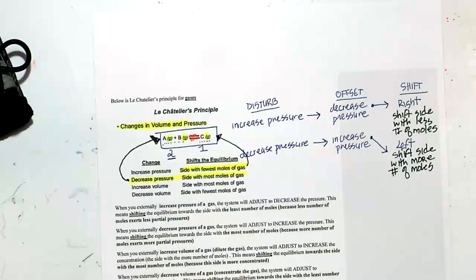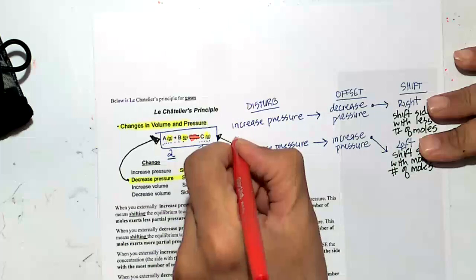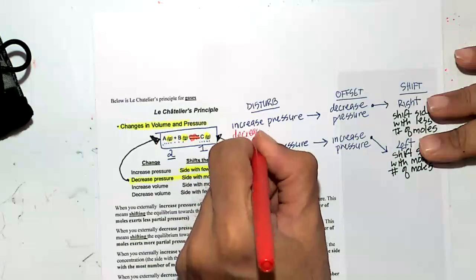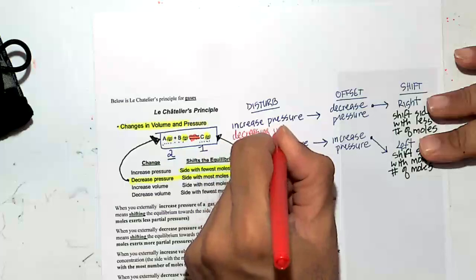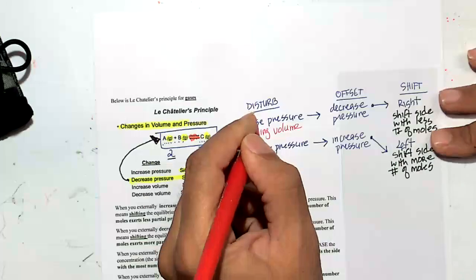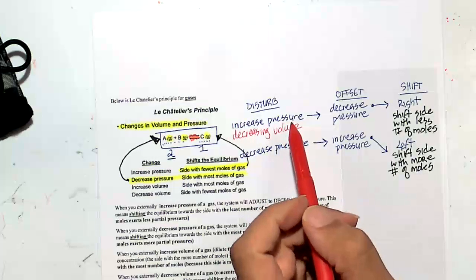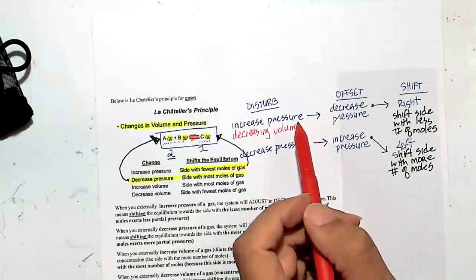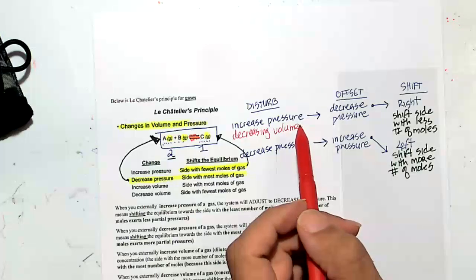So increasing pressure is the same thing as decreasing volume. This is because of Boyle's law. How can I increase the pressure in this room?